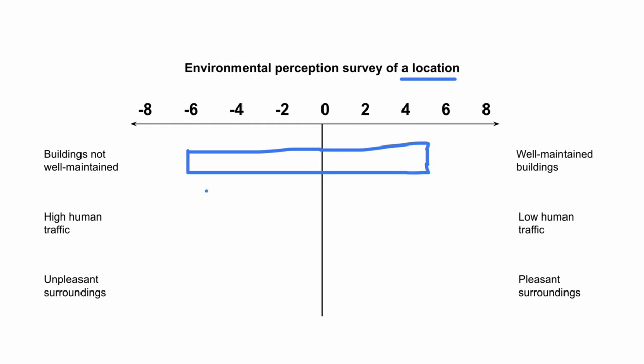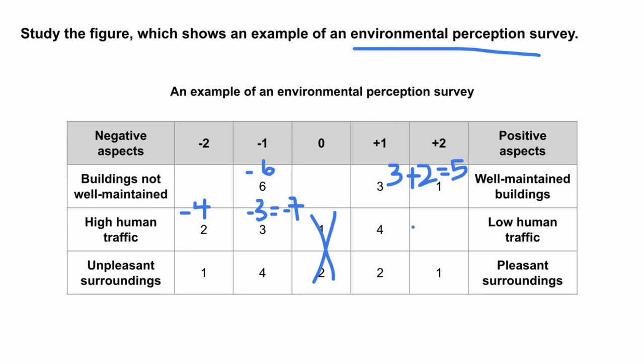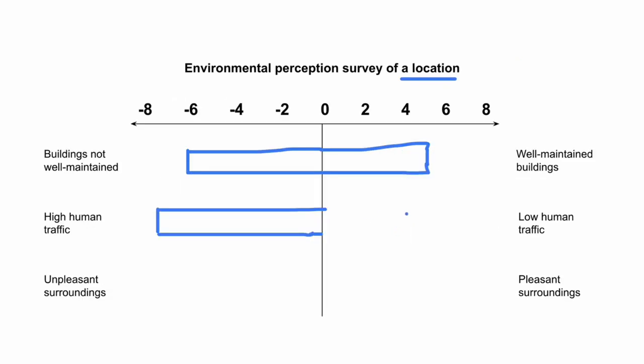High human traffic is -7. It's somewhere here. I'm going to draw the line to the middle here. Going back to my survey, 4 times +1 gives me a +4. So I go back to my graph. 4 extends all the way here.